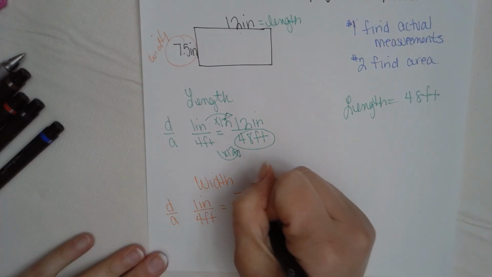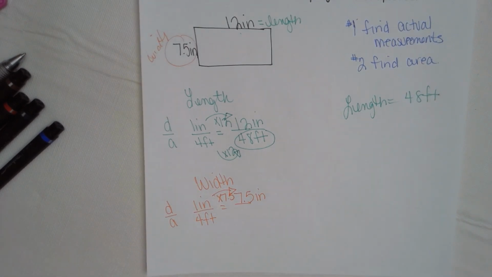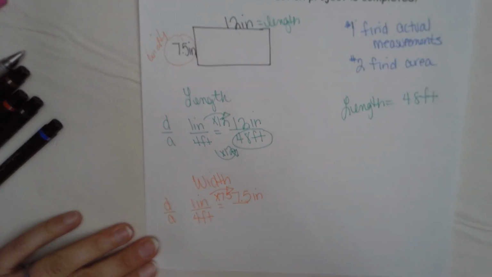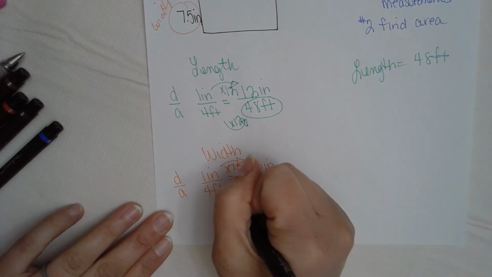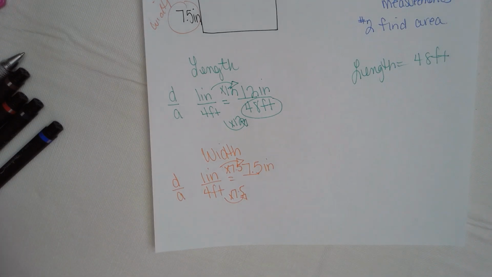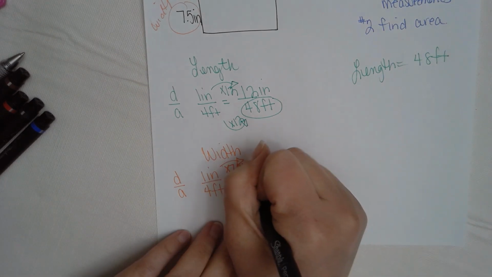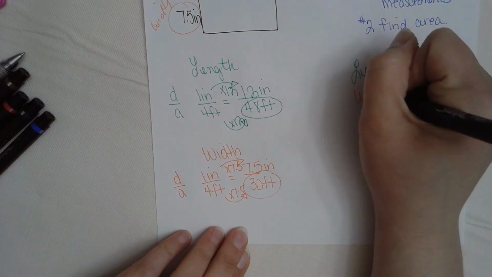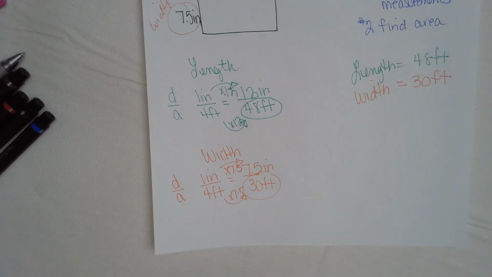What's going to be our jump from 1 inch to 7.5? Well, times 7.5. Whatever we do to the numerator, we're going to do to the denominator as well. I'm going to focus this a little better for you guys. There we go. We're going to jump times 7.5. Let me check my calculator. 4 times 7.5 is going to give us 30 feet. So now I know that my width is going to be 30 feet.